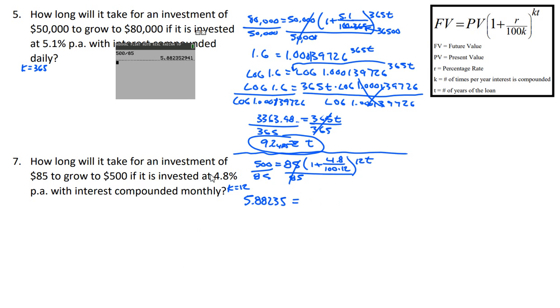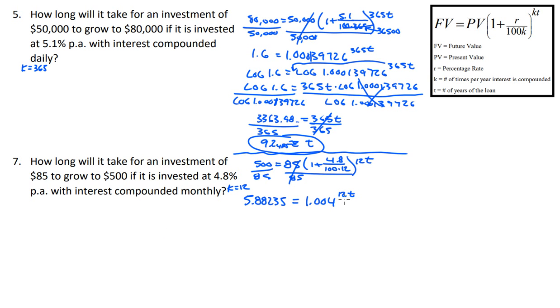Equals, and then let's do 1 plus 4.8 divided by 100 times 12 is 1200. Right? And we enter that, and we get 1.004 to the 12t.